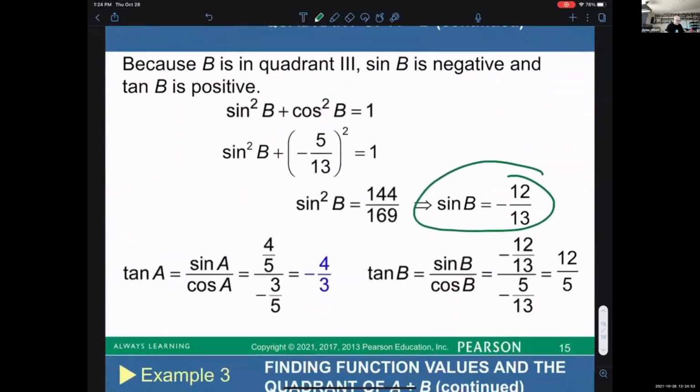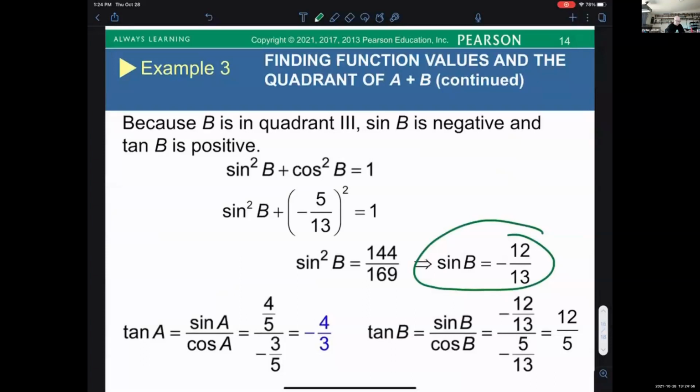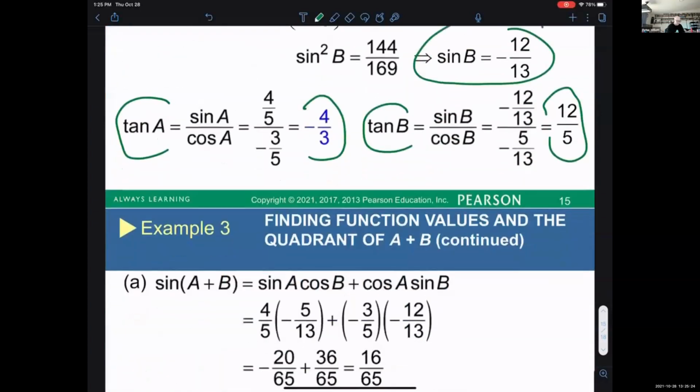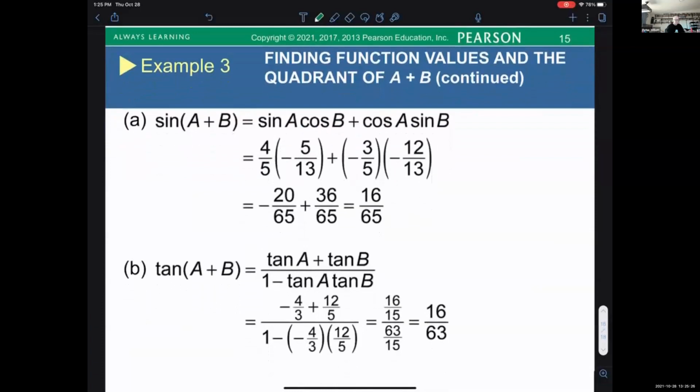So once they've gotten that, they say, well, then we can find tan of A by writing it as sine A over cosine A, and we know both of those, so we just make the fraction and simplify, and we get the answer for tan A. Similarly, we can find tan B by making sine B over cosine B, and when we know tan A and tan B and sine A, sine B, cosine B, we can evaluate everything.